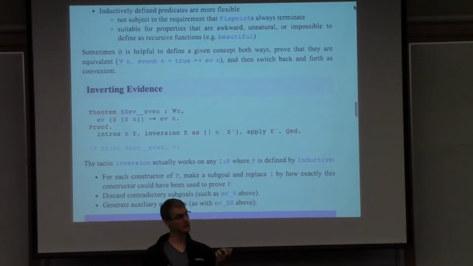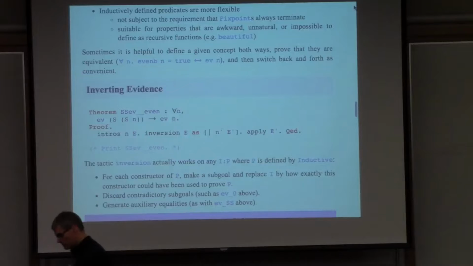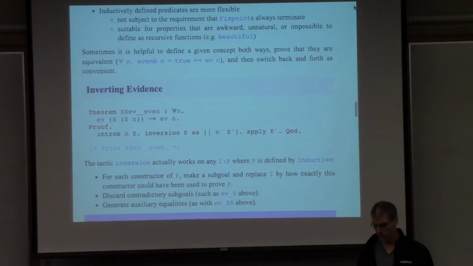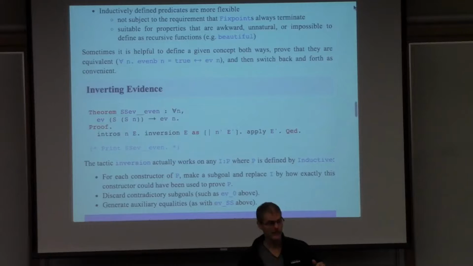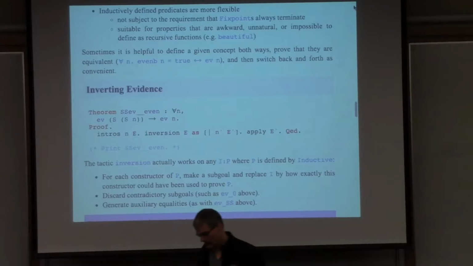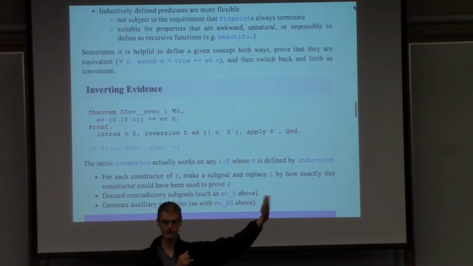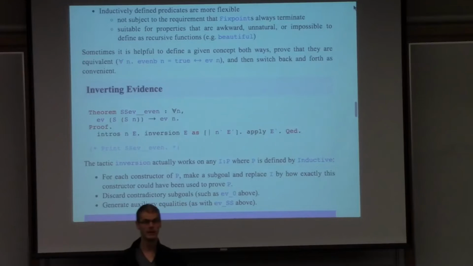You have some inductively defined relation, like a typing relation or an operational semantics, and you want to do a proof of the form, if such and such is typable, then blah, blah. And the way you do the proof is you say, well, consider all the possible ways that there would have been of proving that that was typable. And now for each of those possible ways, blah, blah holds.